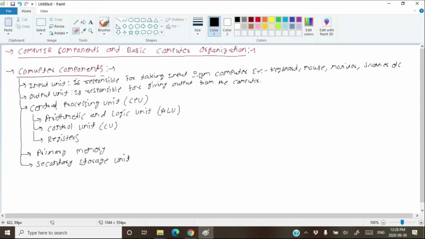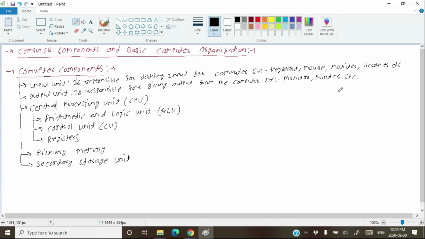So it should be taking input for the computer and giving output from the computer. Now tell me a few examples of output unit. Your monitor, your printer, these are the examples of output unit.